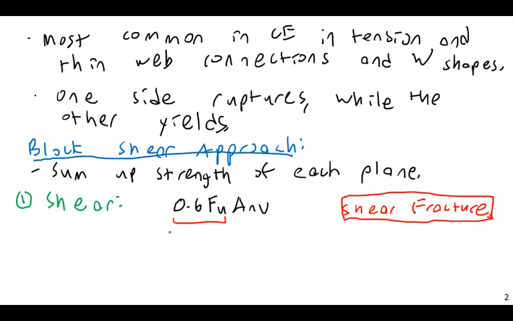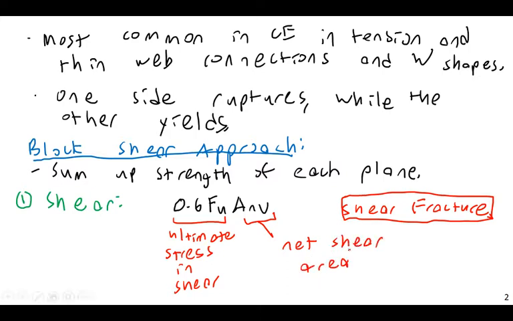So this is going to be the ultimate stress in shear. And this A_NV here is our net shear area. So this is the net area that's going to be in shear. Okay?